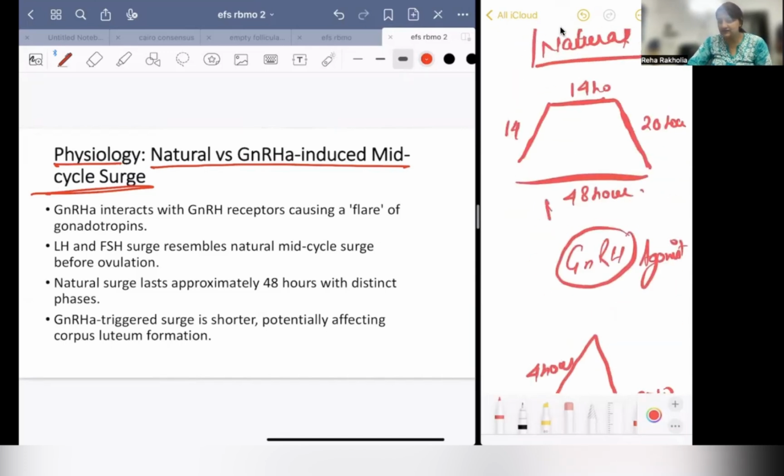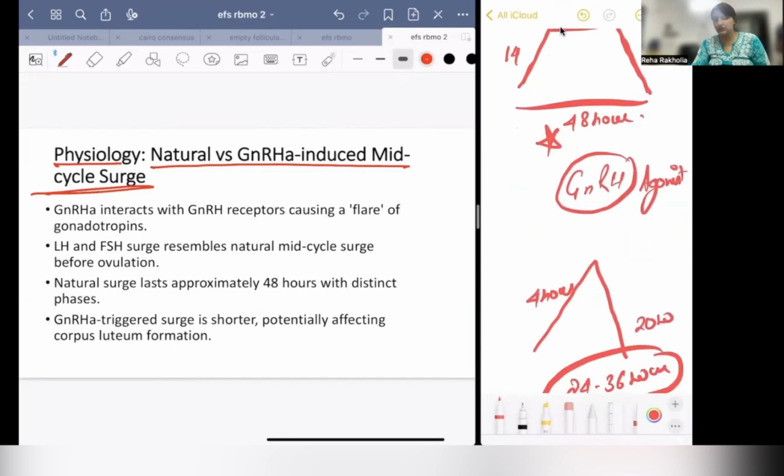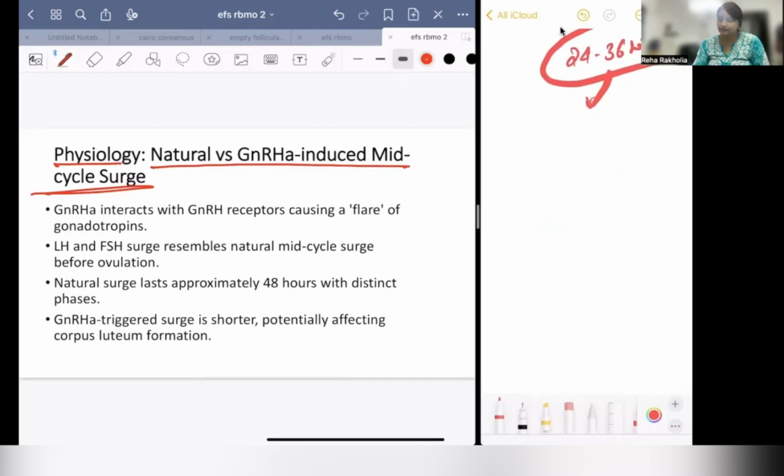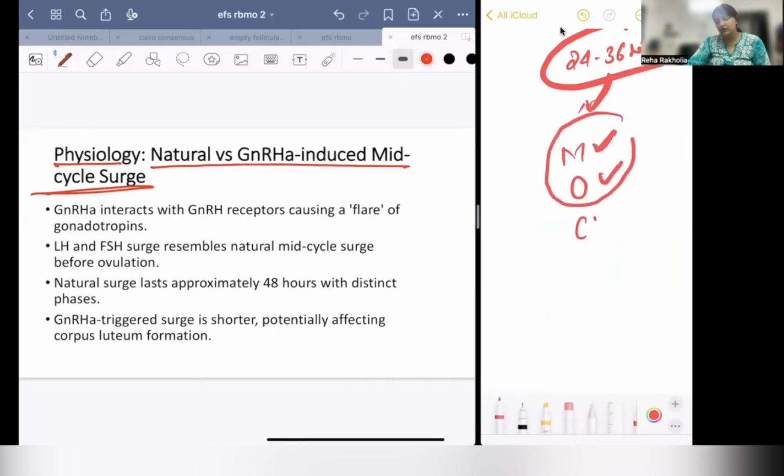See here, 48 hours in natural physiology LH rises. Total LH rise is 48 hours, but in a GnRH agonist cycle it is 24 to 36 hours. So it causes maturation, and ovulation occurs normally, but there is a CL defect, a corpus luteum defect.